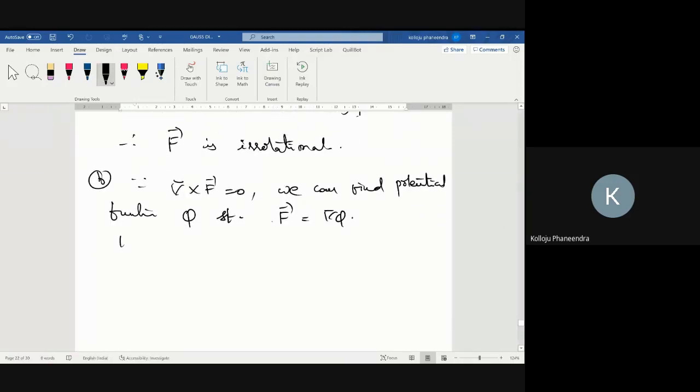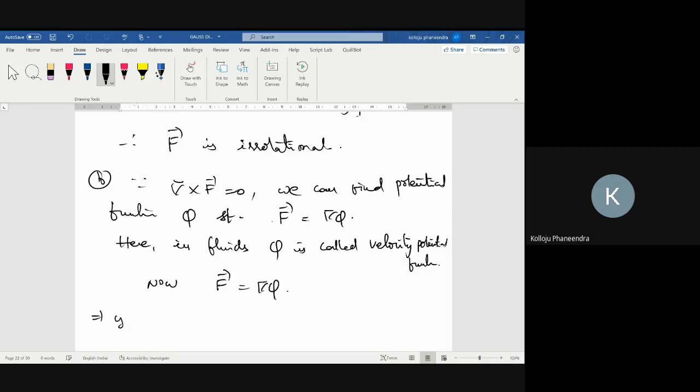Here, in fluids, phi is called the velocity potential function. Now I have to calculate this phi as usual, like the previous method. F bar equal to del phi. What is f bar? y plus z i, z plus x j, x plus y k equal to i dou phi by dou x, j dou phi by dou y, plus k dou phi by dou z.